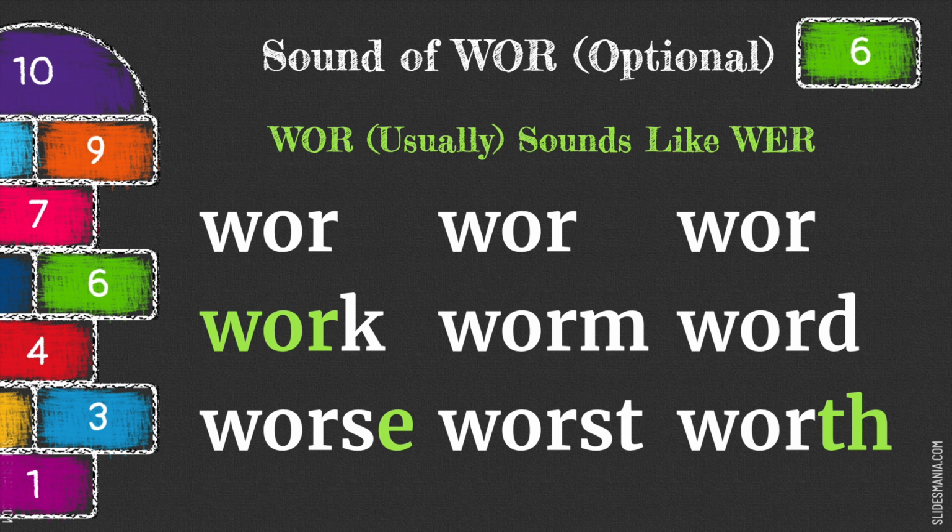Sometimes at the end of a word, an S sounds like Z. One way to make it clear that the S has the normal sound of S is to have an E after it, and that's what this E is doing. Worst, worst, worth. Remember, TH has two sounds. We are using the first sound of F here, worth.